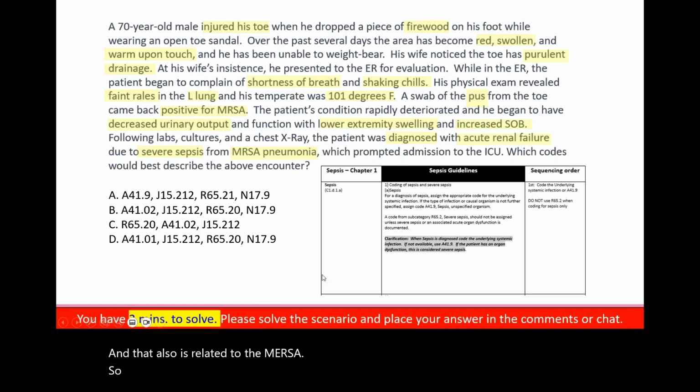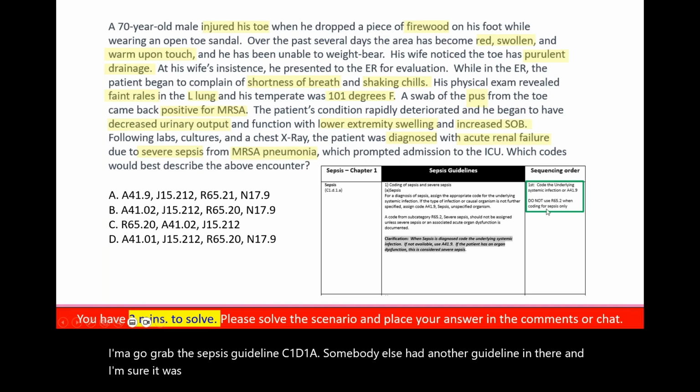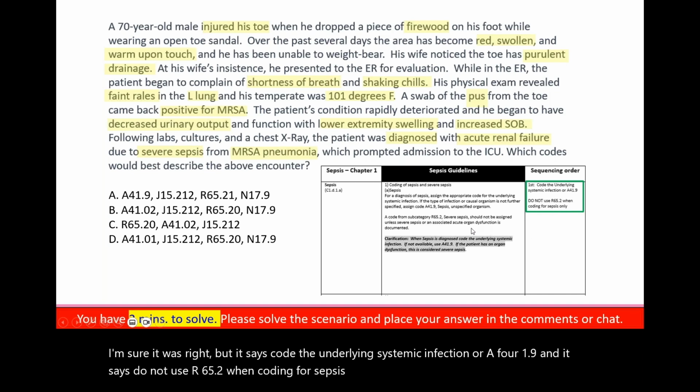So I'm going to go grab the sepsis guideline, C1D1A. Somebody else had another guideline in there, and I'm sure it was right, but it says code the underlying systemic infection or A41.9, and it says do not use R65.2 when coding for sepsis only.